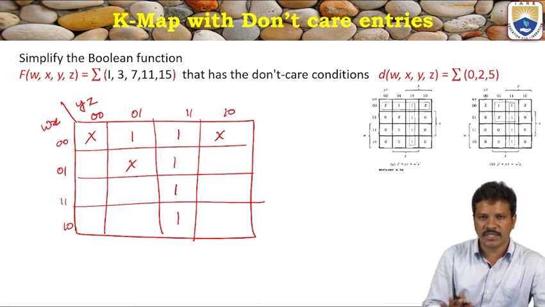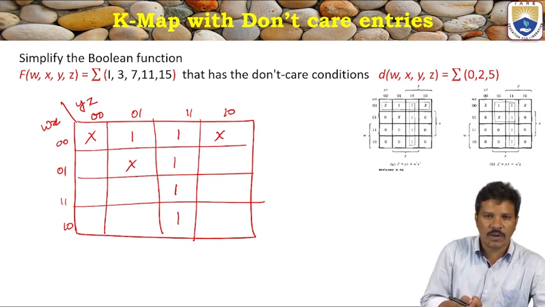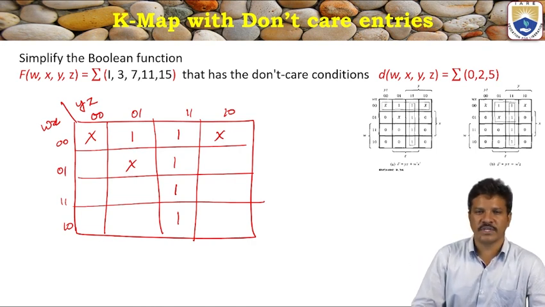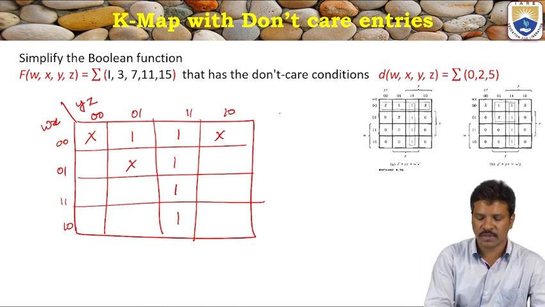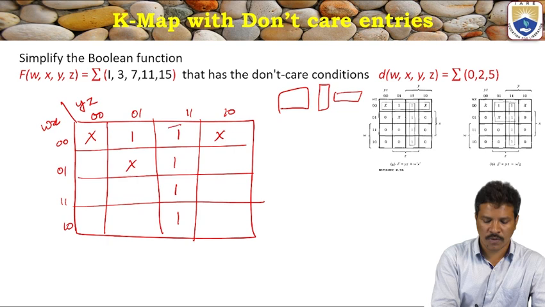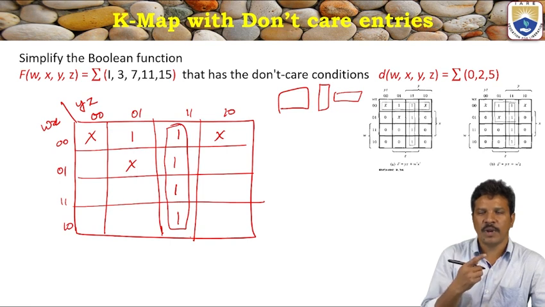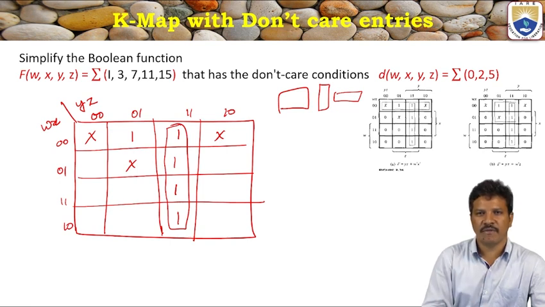So in order to cover all ones, what are the possibilities? Is there any group of all 16 ones? No. Is there any 8 ones, even if we include don't care? No, not possible. But we can have 4 ones, in shapes either square or vertical 4 or horizontal 4. So here, to cover these ones, we can have this vertical shape of 4 ones. How many remaining ones are left? One is there.